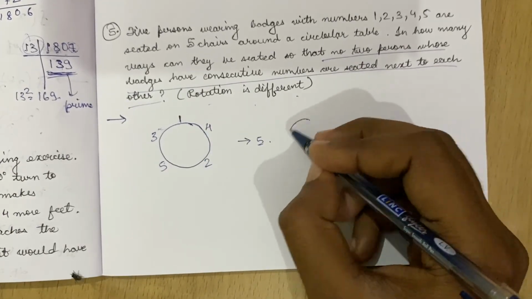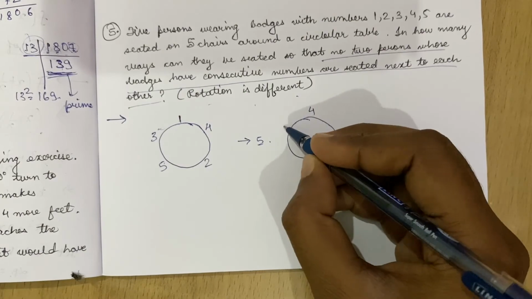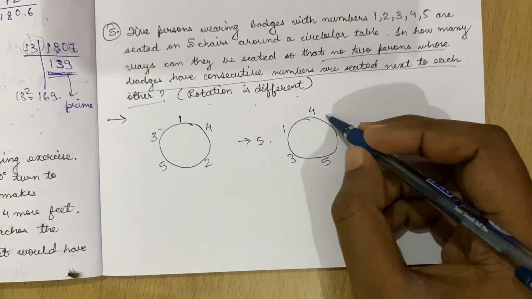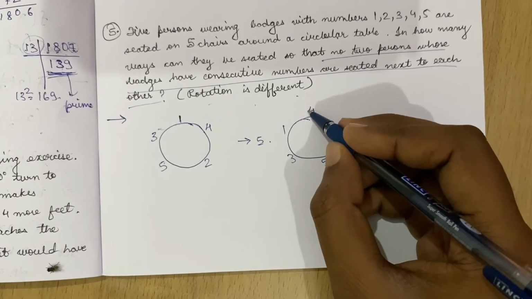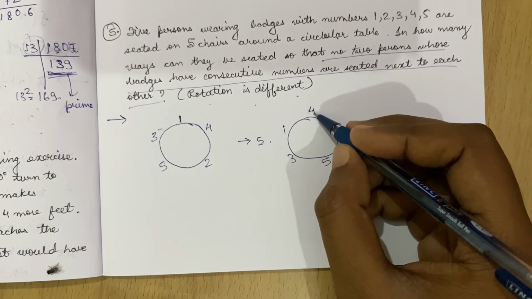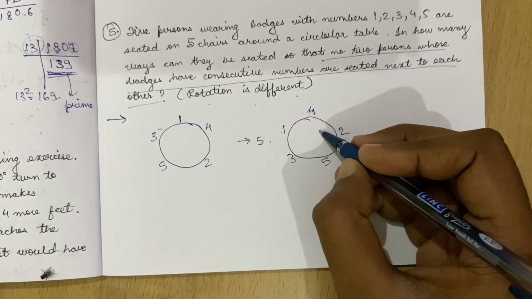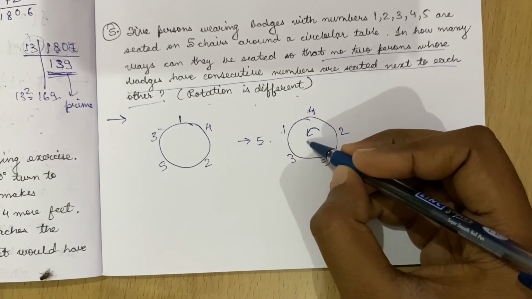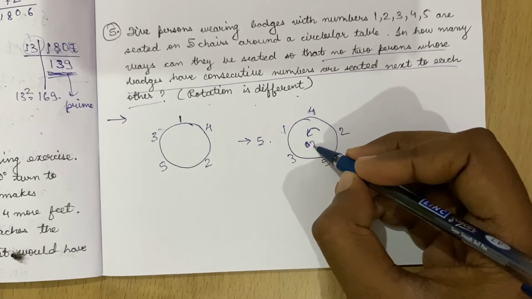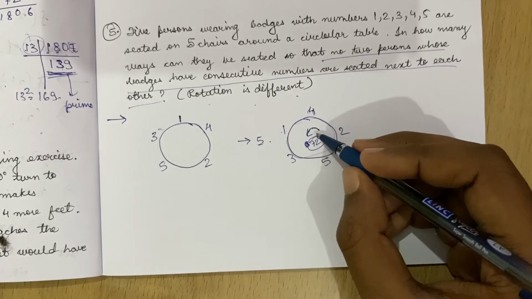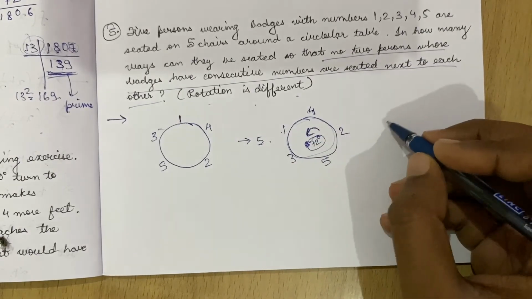So I can have another seating, let's say 4, 1, 3, 5, 2. So I haven't changed anything, just that this 4 is sitting at the north position and 1 is sitting over here. So this has been rotated by 72 degrees. So this rotation is different, and we can have 4 more such rotations.